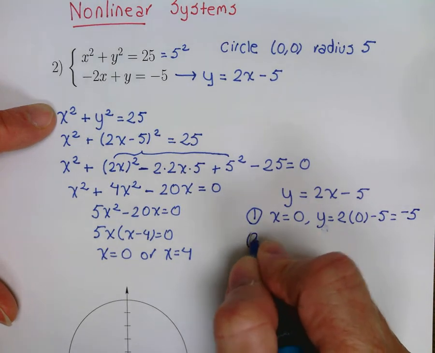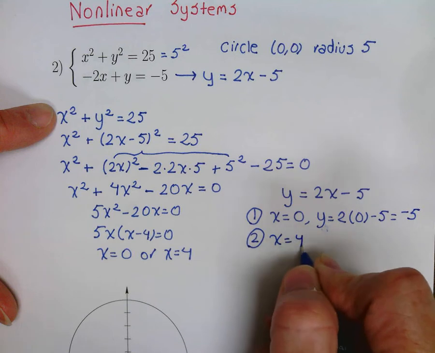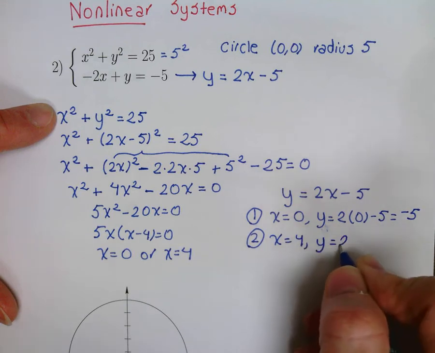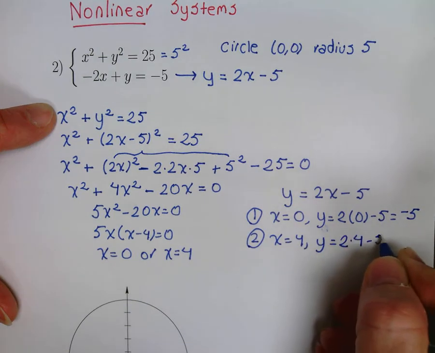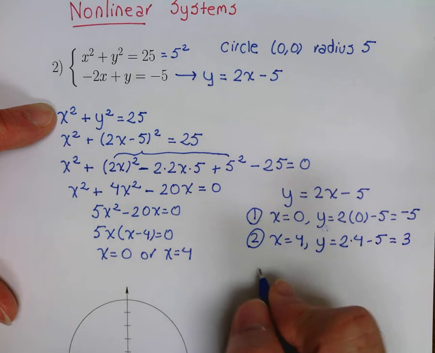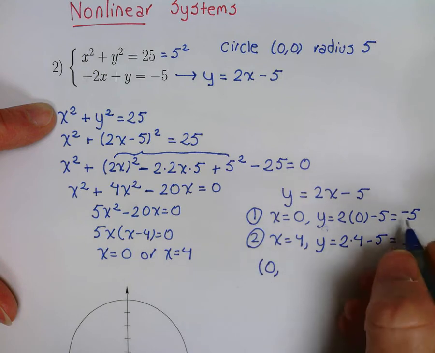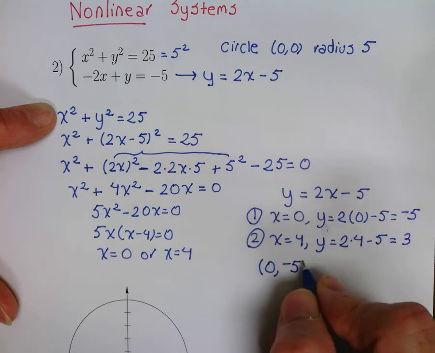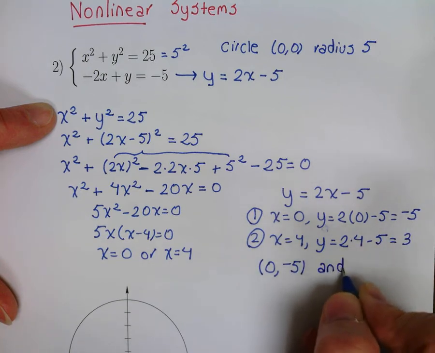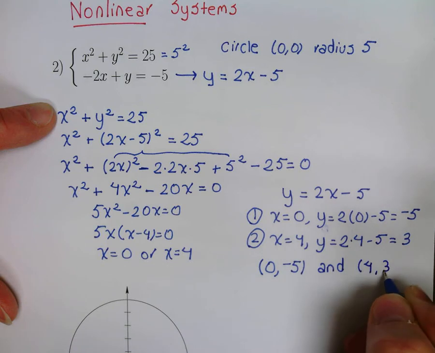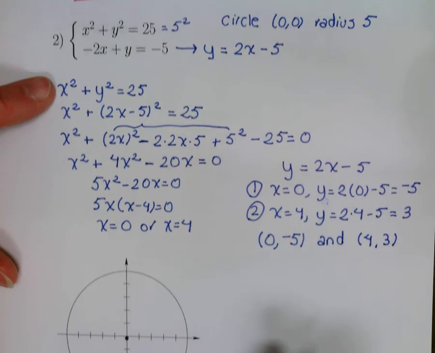If x equals 4, y equals 2 times 4 minus 5, which is equal to 3. So what are my two solutions? 0 and negative 5, and 4 and 3.